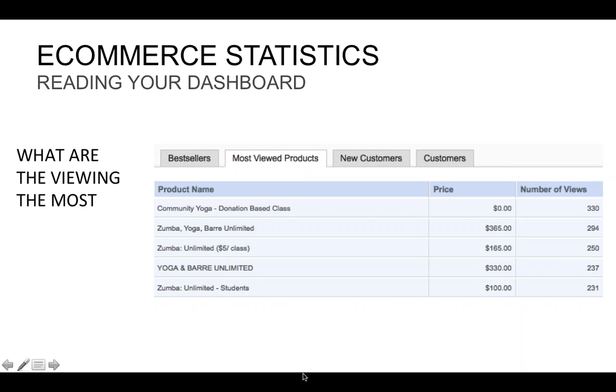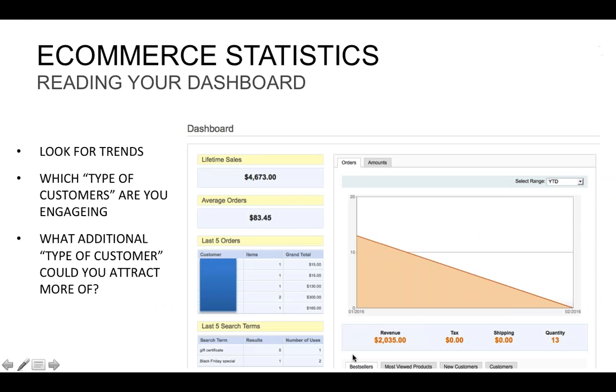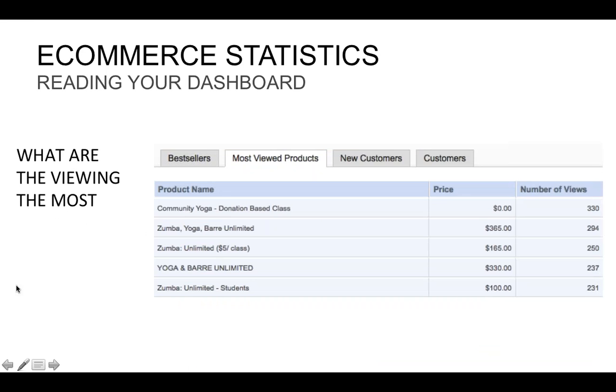So it's interesting. And what this tells me, by the way, is that the trend is in line with what people are searching for, right? The trend showed us that all of the purchasing happens at the beginning of a semester and then declines and then picks right back up again at the beginning of the next semester. Well, the 5 most viewed products are all ongoing.